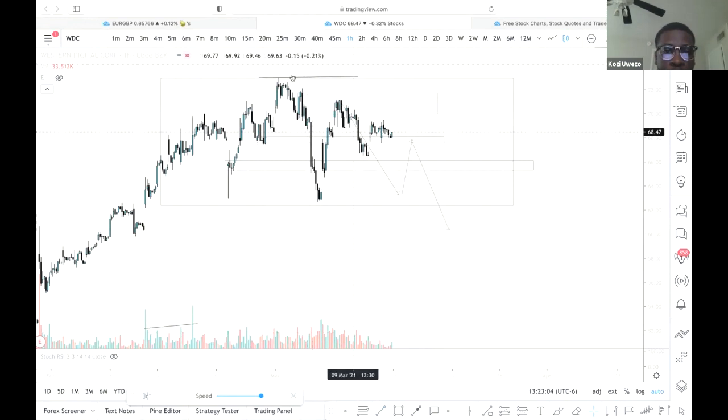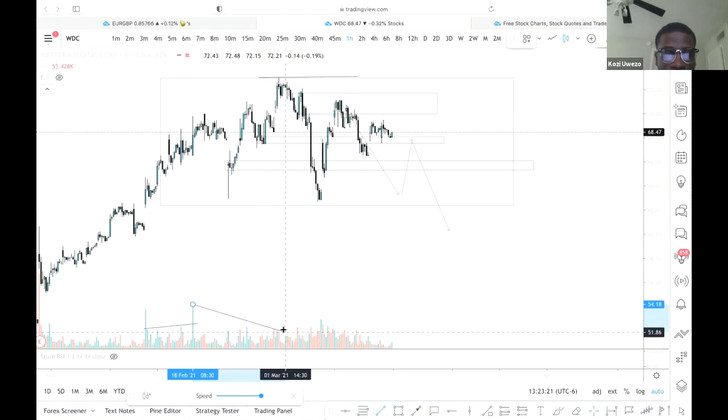And now check this out. After making this high, price was going up, and there was basically no volume. Look at this. Or you can even say from the high right there, you can see how price was making new highs, but the bullish volume was going down.